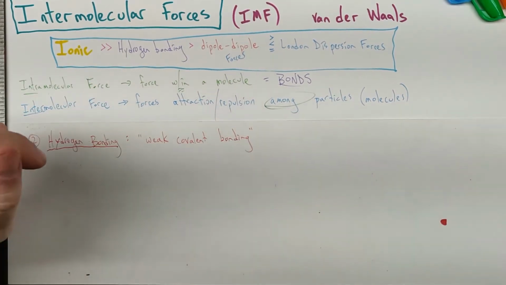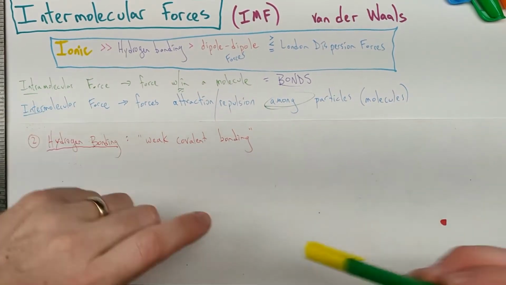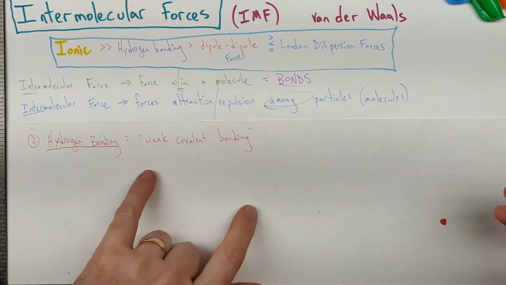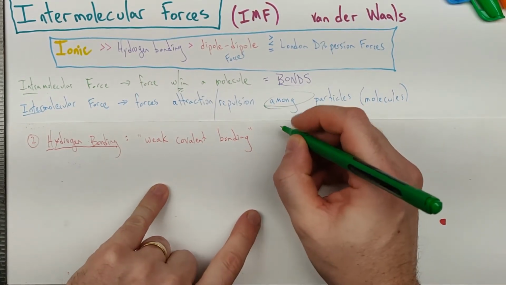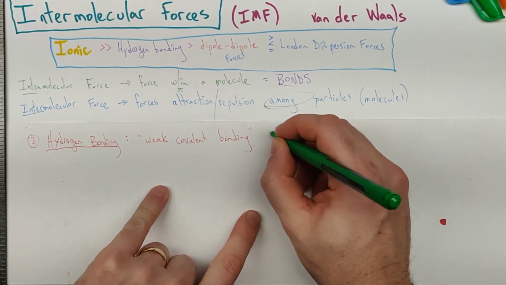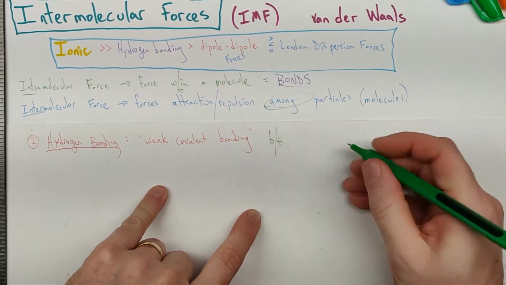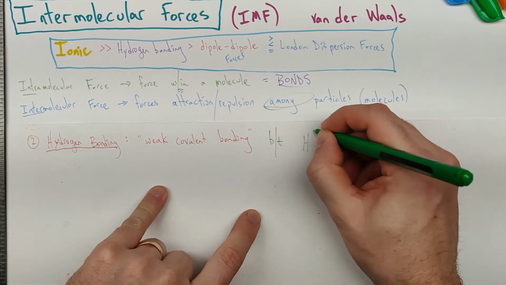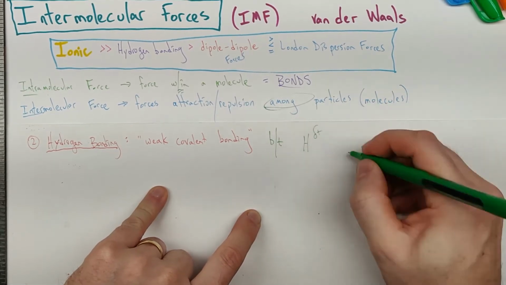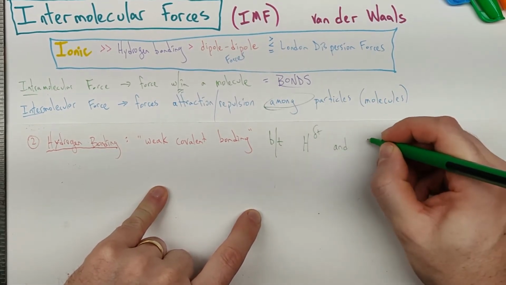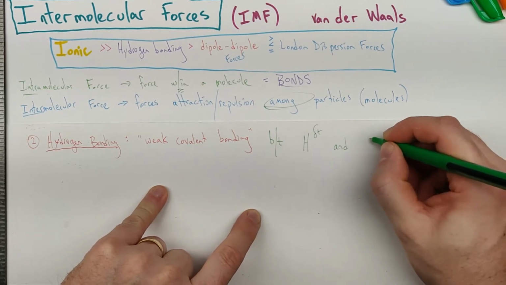So I realize there's some ambiguity there if we're going to define it as weak covalent bonding. The key part here is that it has certain elements that must be present. So it's weak covalent bonding between or among slightly positive hydrogens, all right, and slightly negative nitrogens, oxygens, or fluorines.